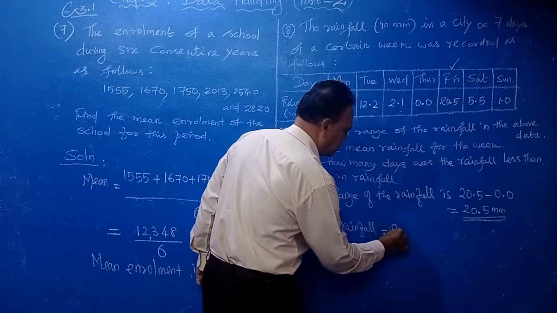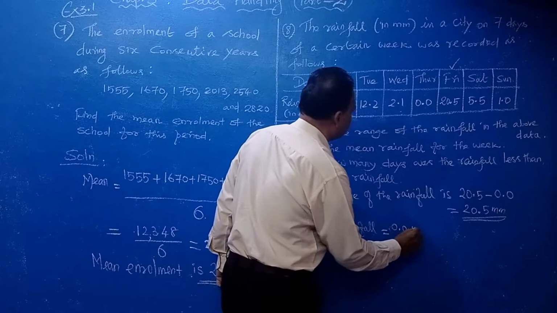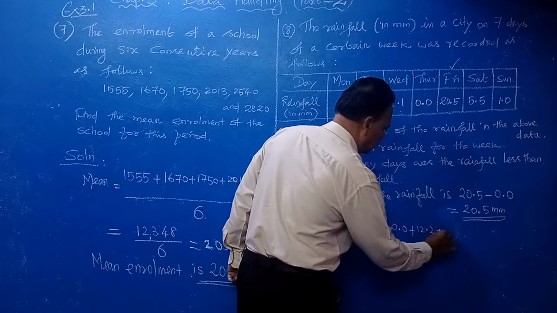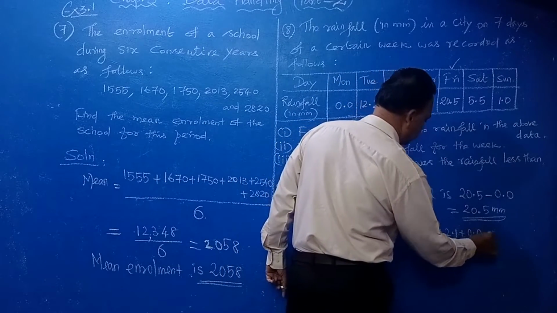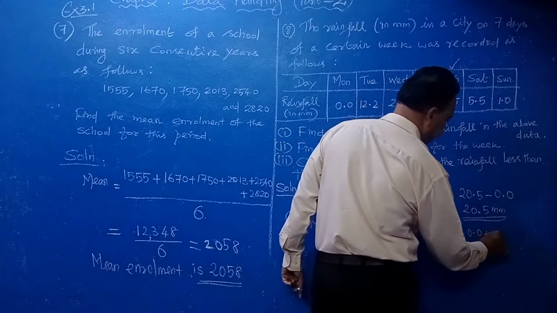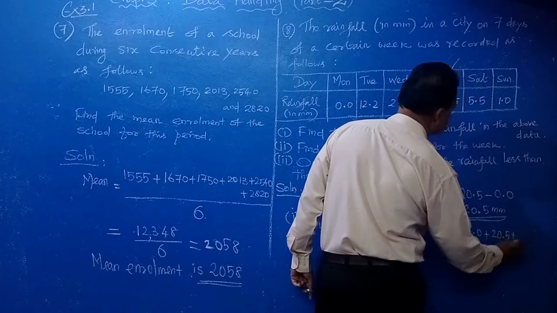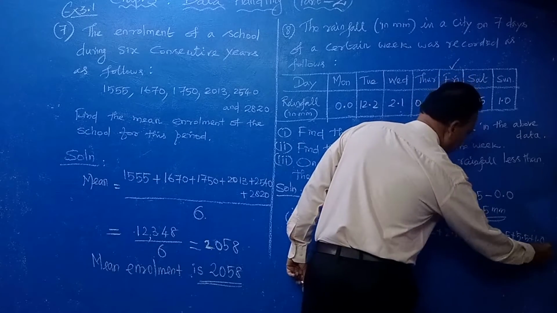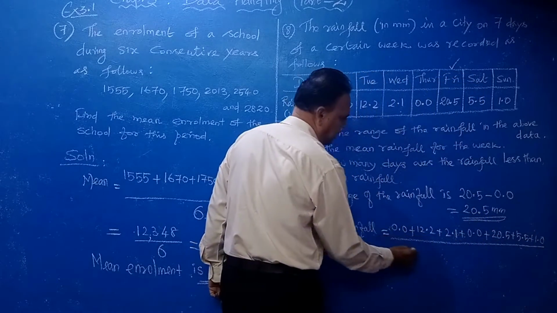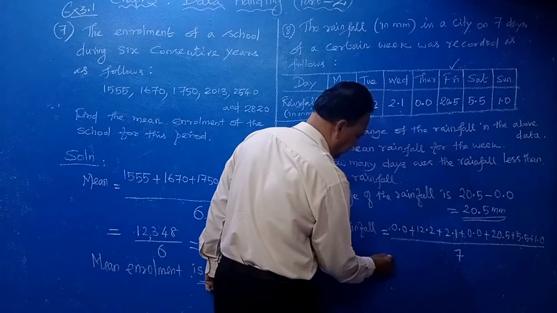You write 0.0 plus 12.2 plus 2.1 plus again 0.0 plus 20.5 plus 5.5 plus 1.0, all divided by 7.